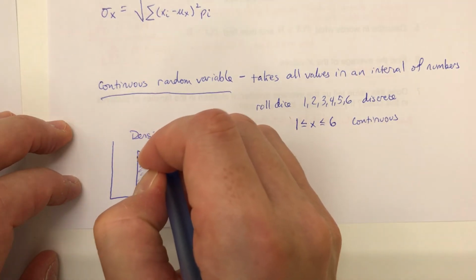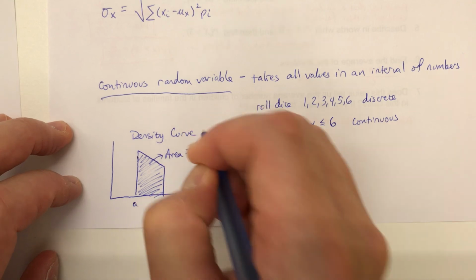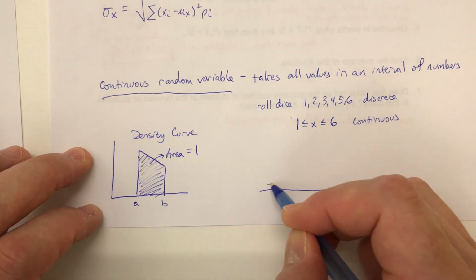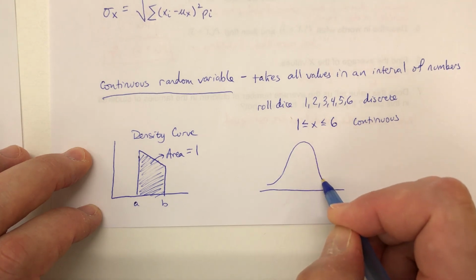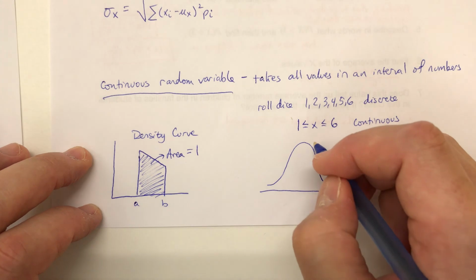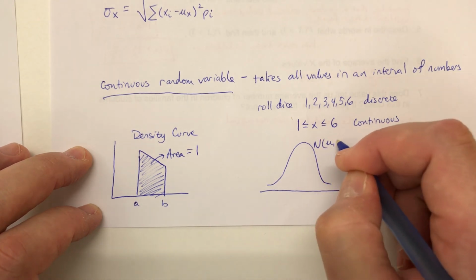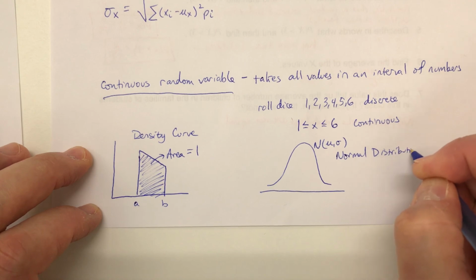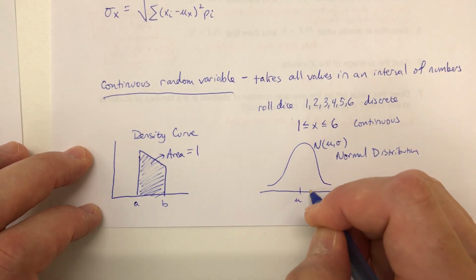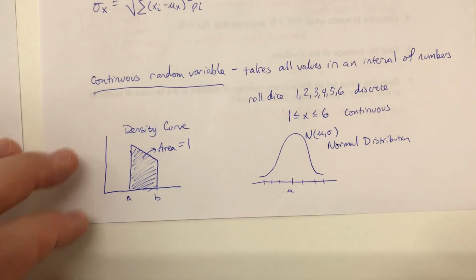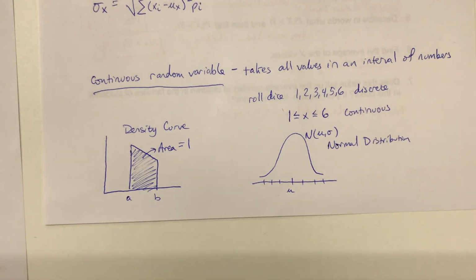So this is a density curve. The one we are most familiar with that is going to come back in chapter 6 is the normal distribution, where we have the mean and the standard deviation. And we have our positions and our percentages under the curve. And that is the end of the notes.